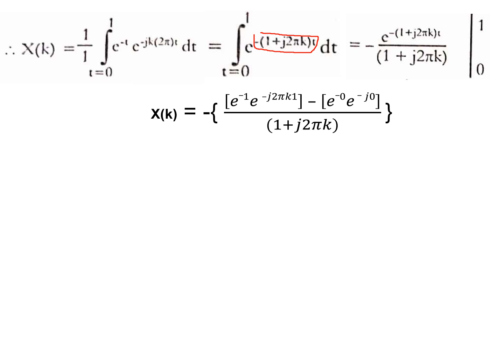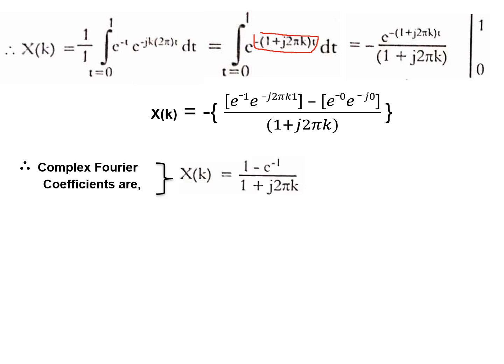Now this equation simplifies to: X of k is equal to 1 minus e to the power of minus 1, because the minus sign I'm taking inside. All these things will become 1, and 1 into 1 is 1.